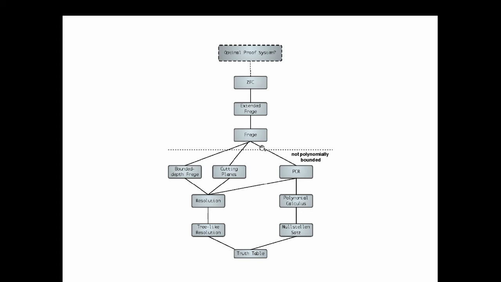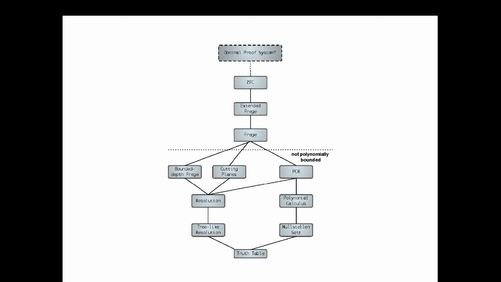On top of this, we have the idea of an optimal proof system. Okay, so an optimal proof system would be a proof system that simulates every other proof system. And if NP equals co-NP, then we would get an optimal proof system. And if P equals co-NP, then we would get a p-optimal proof system, where we have p-simulations everywhere, rather than just simulations, which is for optimal proof systems.